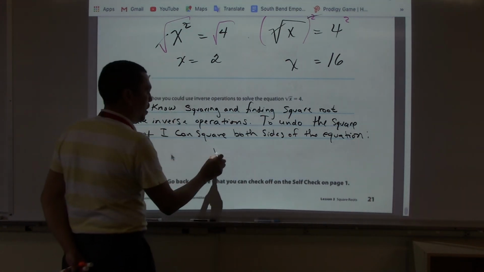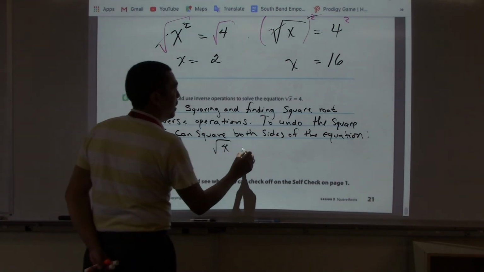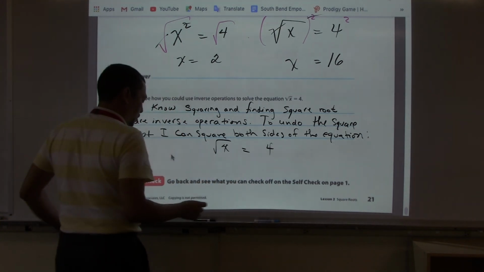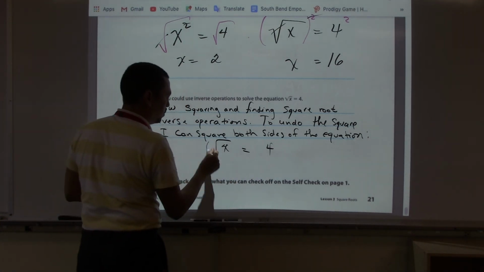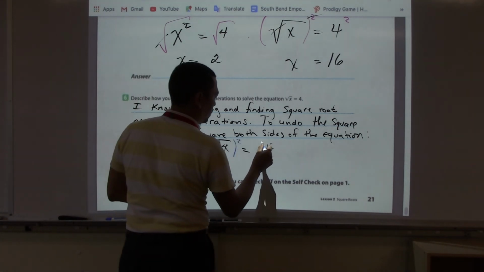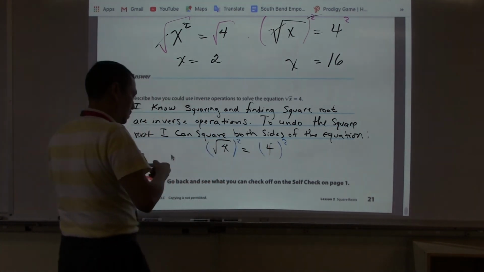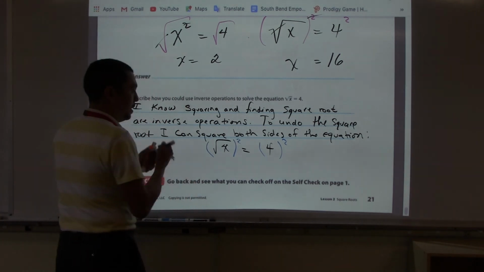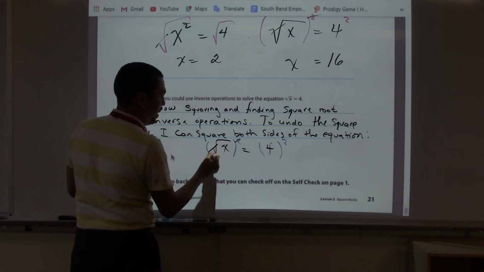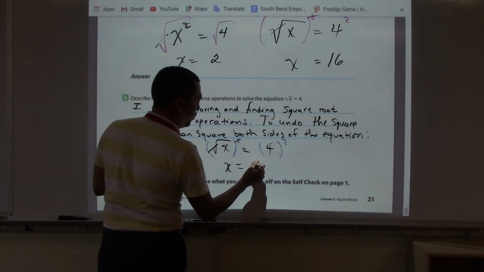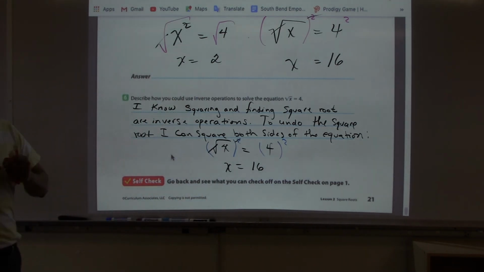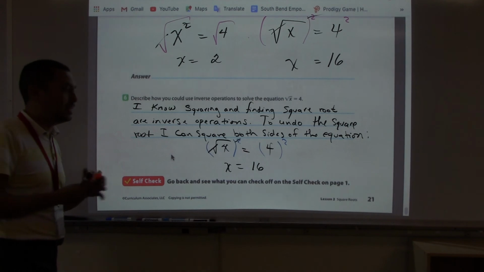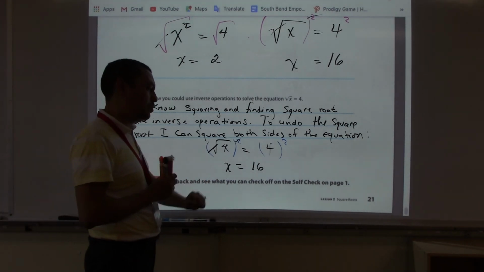For example, if you have the square root of x equals 4, you square both sides of the equation, and this one goes away, so you have x equals 16. That's the last page of individual practice, and that's your solution.